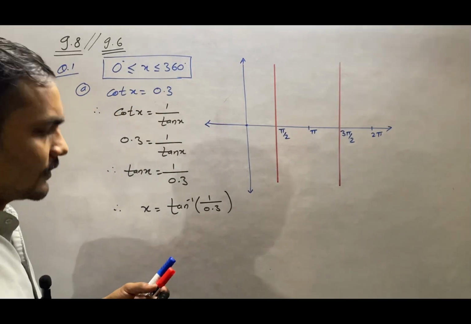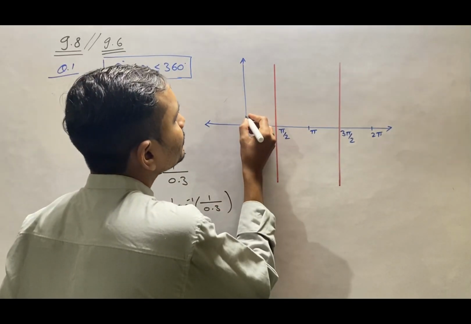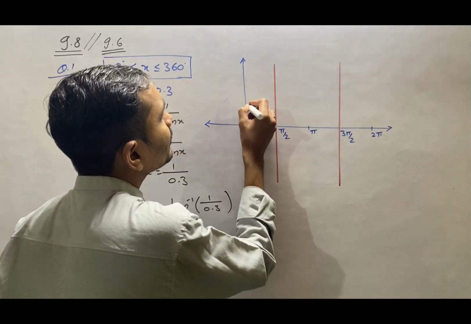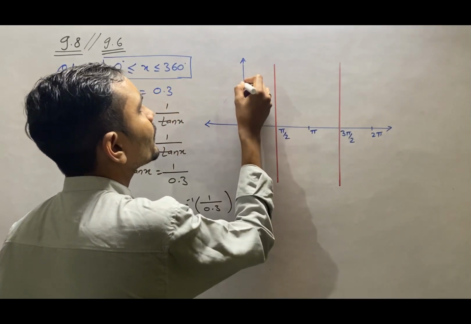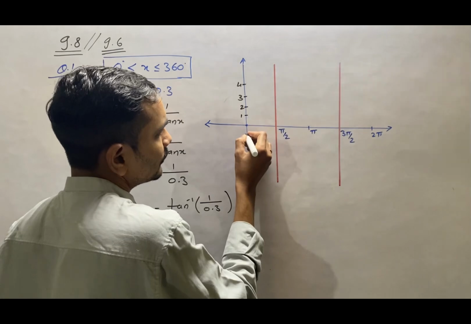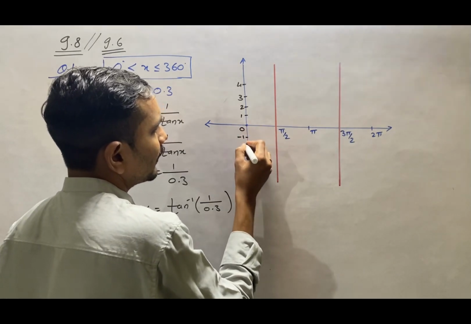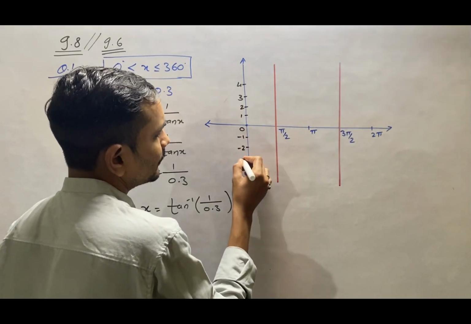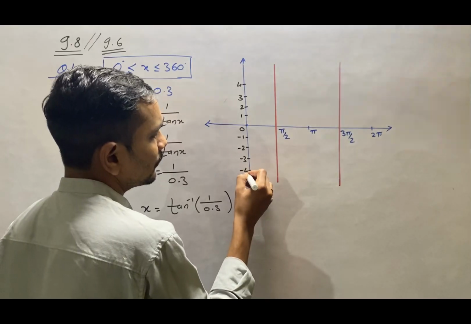So now here we have 1, 2, 3, 4, and so on, 0, -1, -2, -3, -4, and so on.